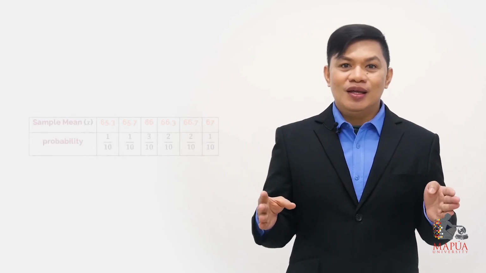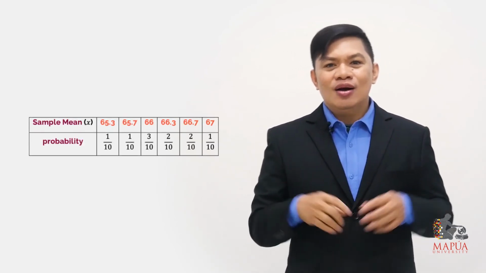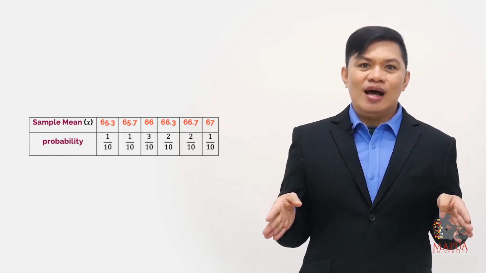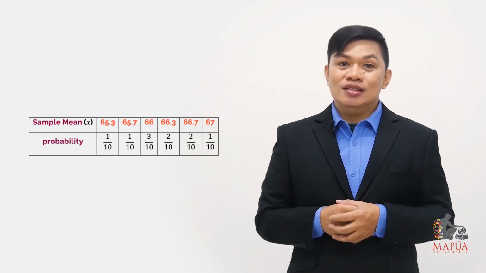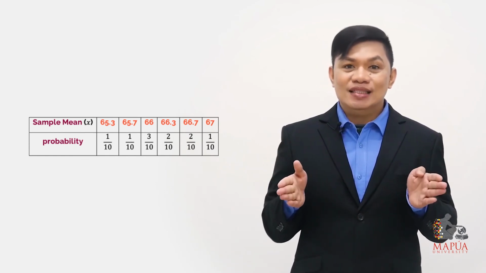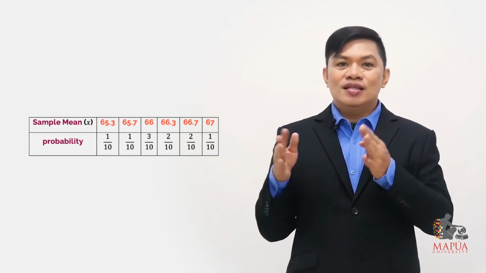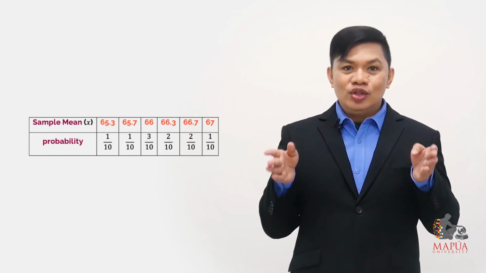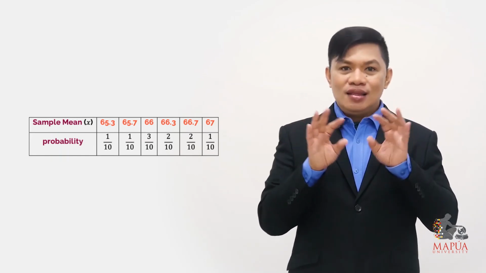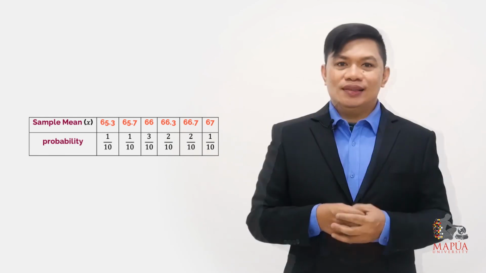of x bar. Similar to what we did in the first example, we have another table to construct. The first row will be the computed means of each group. So you list down the computed means in the first row of your probability distribution.